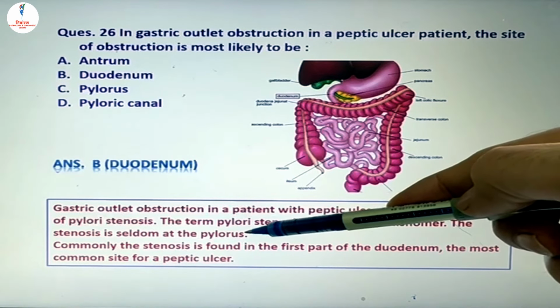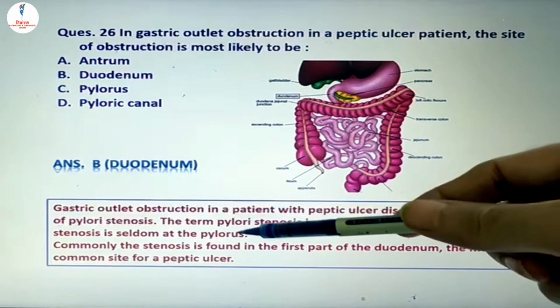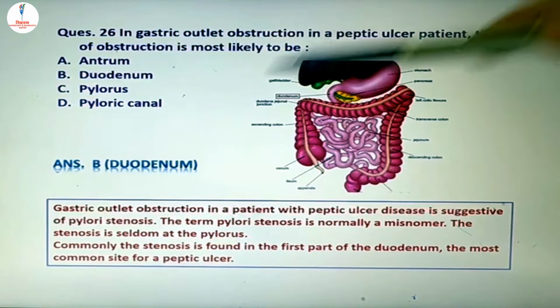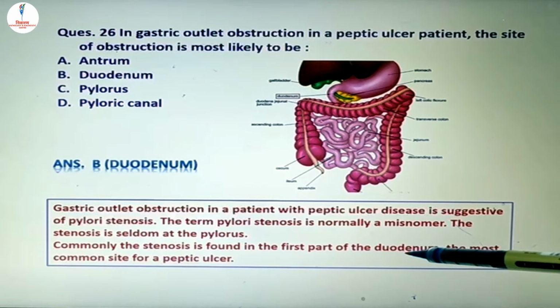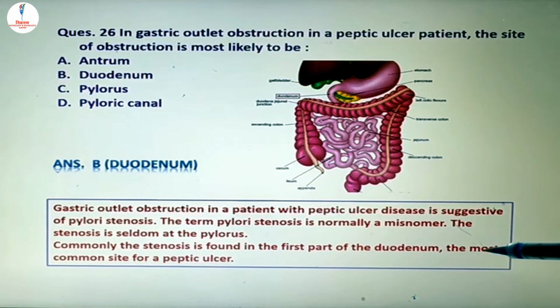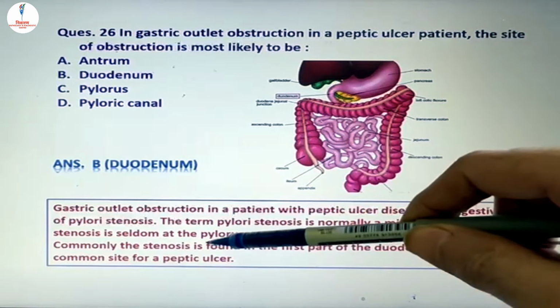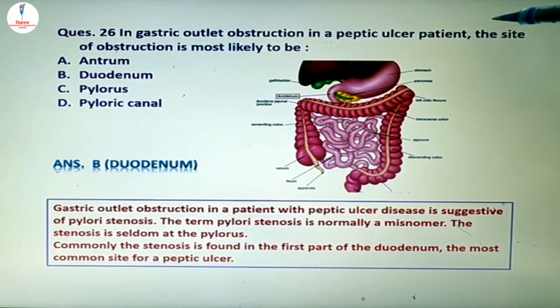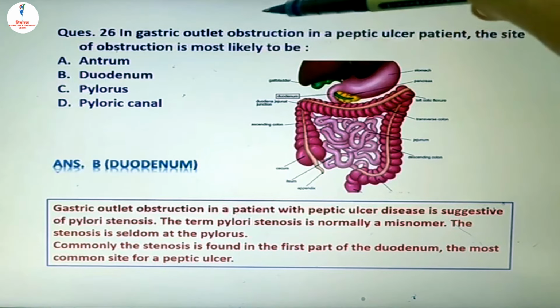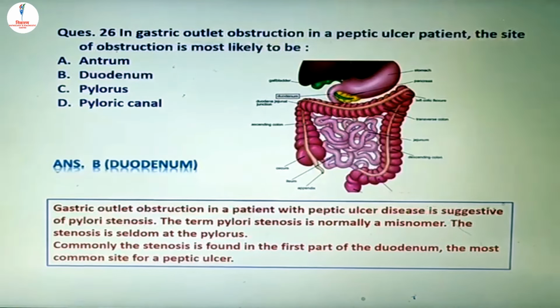Commonly the stenosis is found in the first part of the duodenum, not at the pyloric part, which is the most common site of the peptic ulcer. So in gastric outlet obstruction in a peptic ulcer patient, the site of obstruction is the duodenum. Next question.